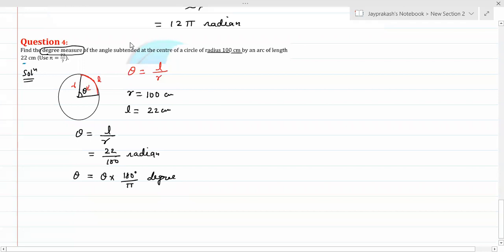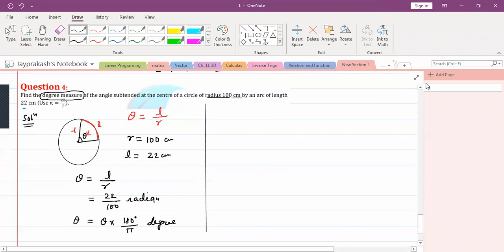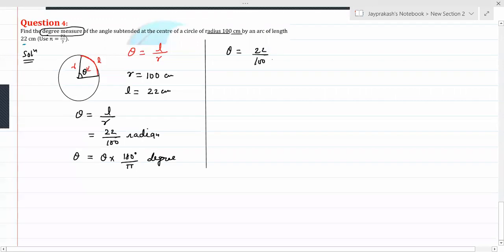So now substitute the value here. When you substitute the value of theta, finally your answer will be 22 by 100 into 180 by pi.